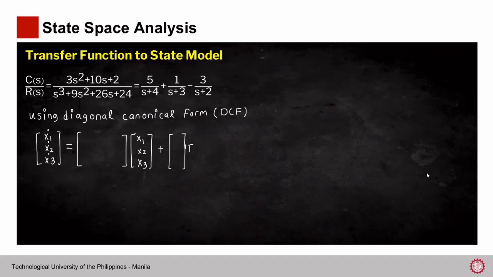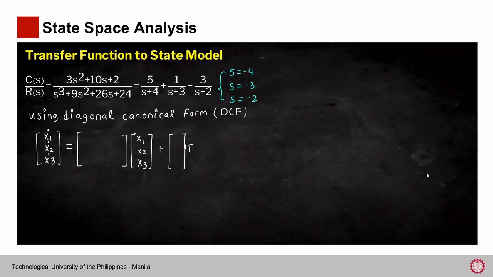Okay. Sige. So, paano to? Di ba, we can see here that the poles are what? Sige nga, practice tayo, guys. What are the poles? So, we have pole 1, S equals -4. We have S equals -3. And then we have S equals -2. Okay?